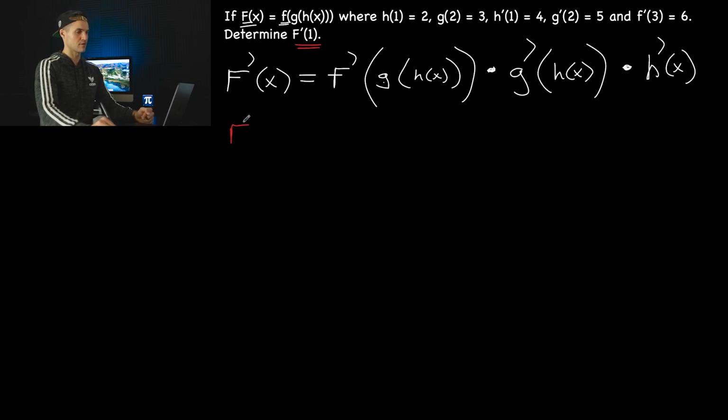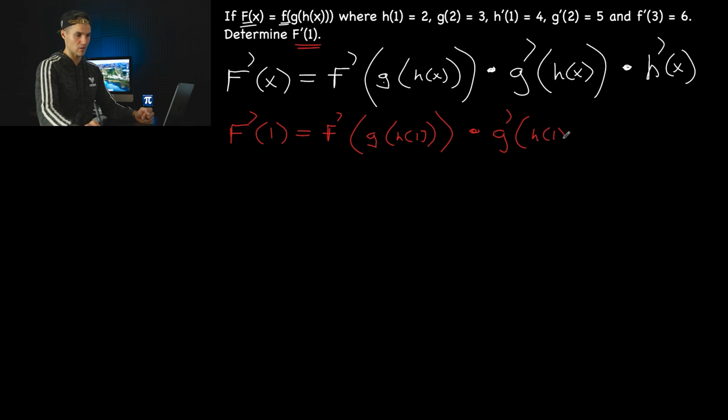So F prime of 1, well, we've got to just plug in 1 for all the x's. That's going to be the first step. So that's going to be small f prime g of h of 1, like that, times g prime of h of 1 times h prime of 1, like that.